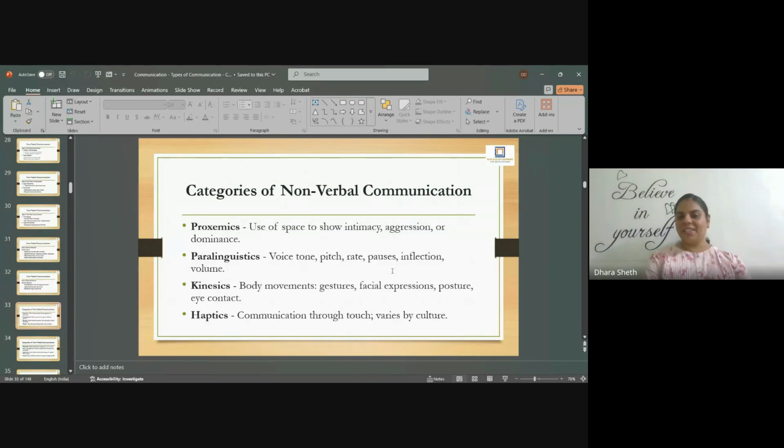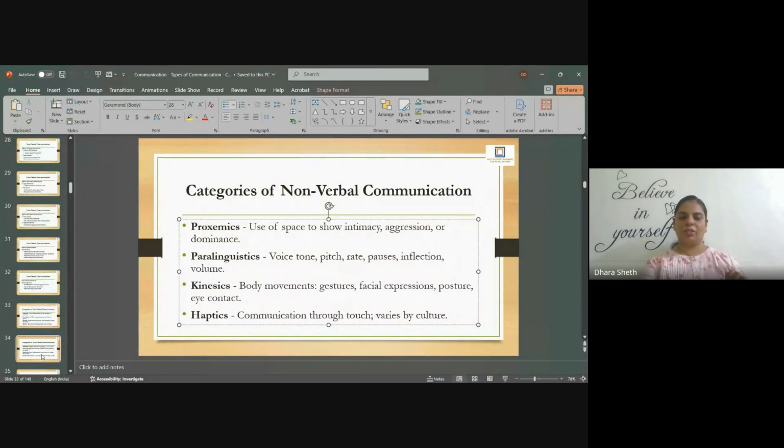So, categories of non-verbal communication. Some of it is a repetition of the types that we taught before. Proxemics is the use of space. Paralinguistics is paralanguage. Body movements, gestures, postures, facial expressions and eye contact are together called kinesics, everything related to the body.